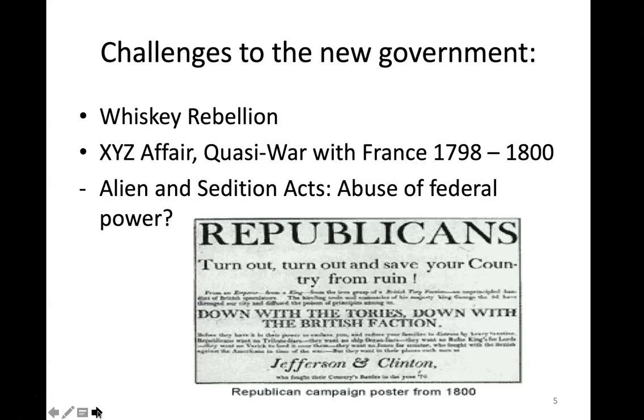You see tax collectors, for example, getting harassed, victimized by violence. You see various producers and distributors of whiskey under-reporting their sales, so they pay less taxes to the federal government. You see houses getting burned down because they don't like that tax collector, or him being tarred and feathered, and so on and so forth.